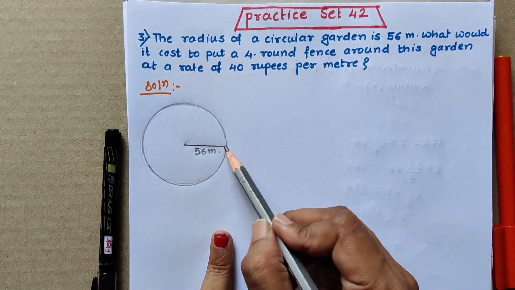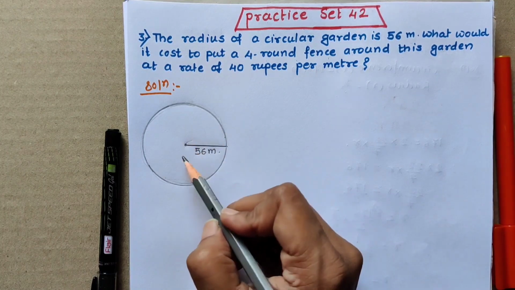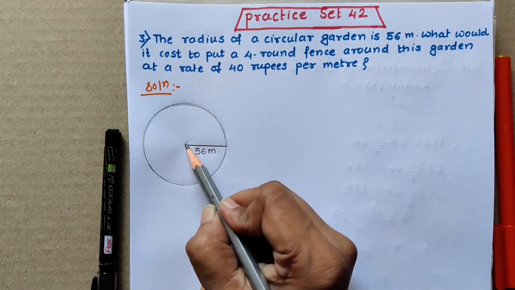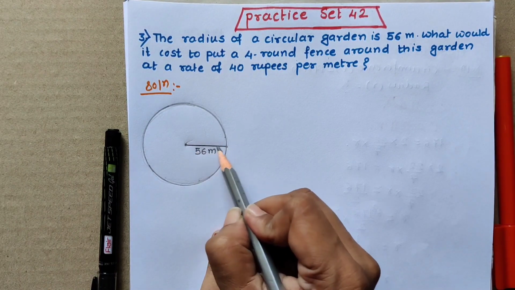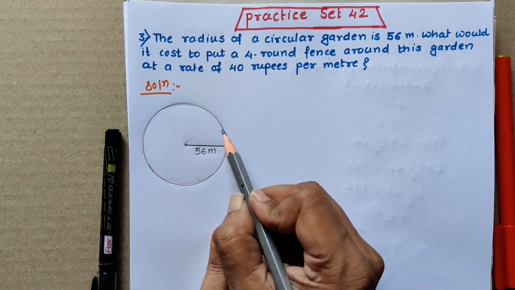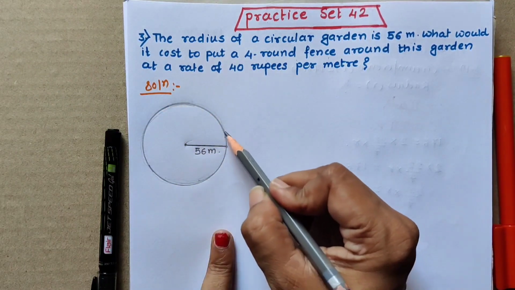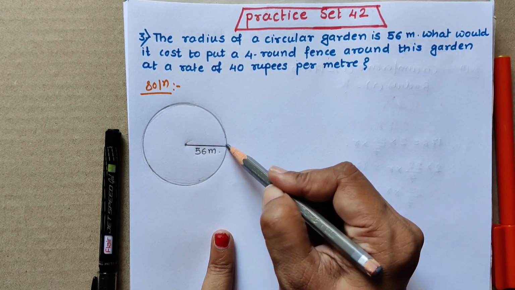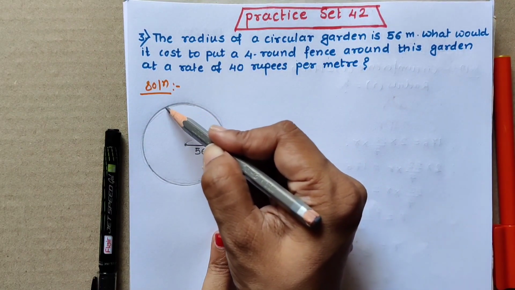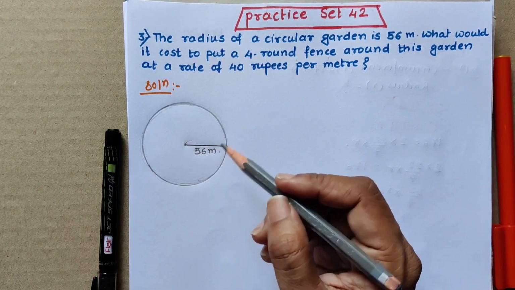We are given only the radius. Radius means the segment which joins the center and a point at the circumference of the circle, that we all know. The radius is given to us, and they have to put a fence around this garden. So there should be 4 rounds of fence. So first we will have to find out for 1 round how many meters of material is required.